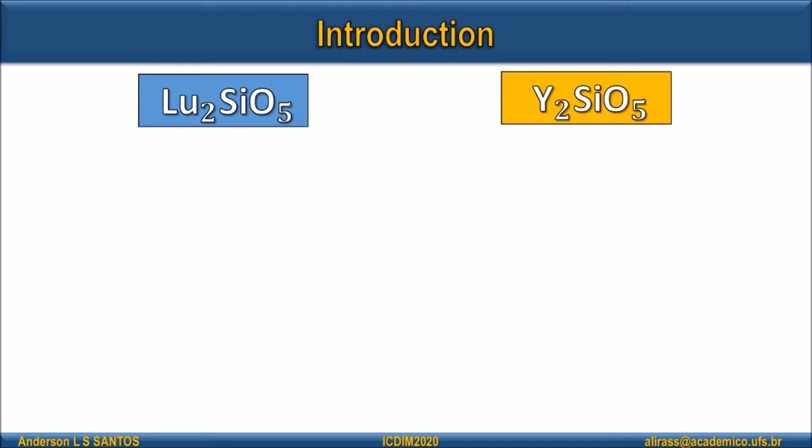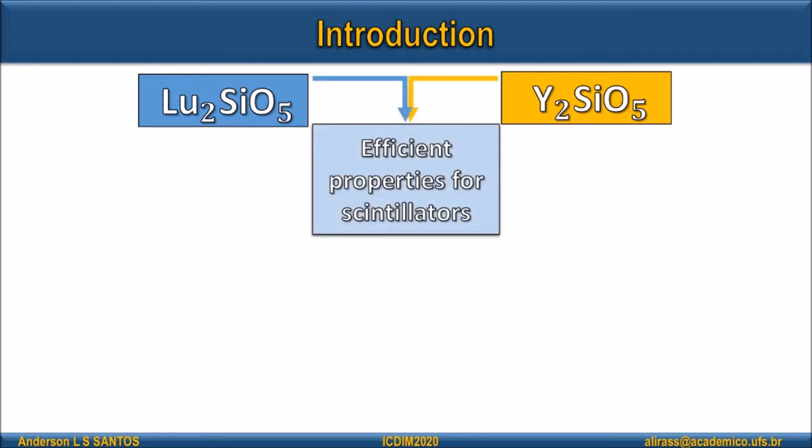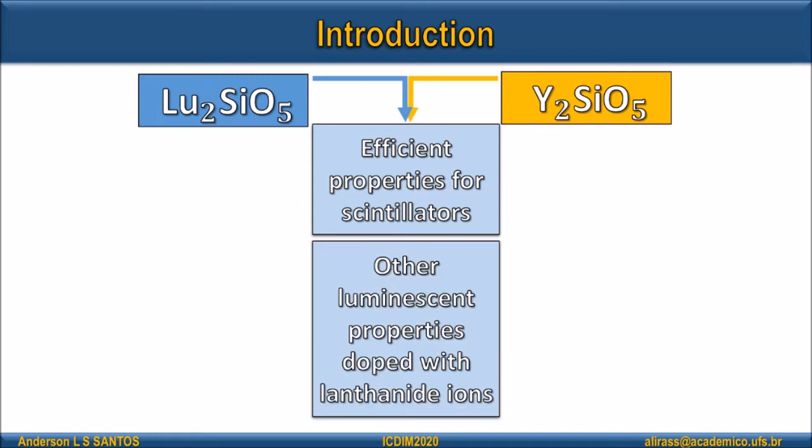So let's go. These materials, lutetium and yttrium silicates, are known and extensively studied due to their efficient scintillation properties, like relatively high density, fast decay time, and excellent light output when doped with cerium. In addition, they also have other luminescent properties when doped with lanthanide ions.